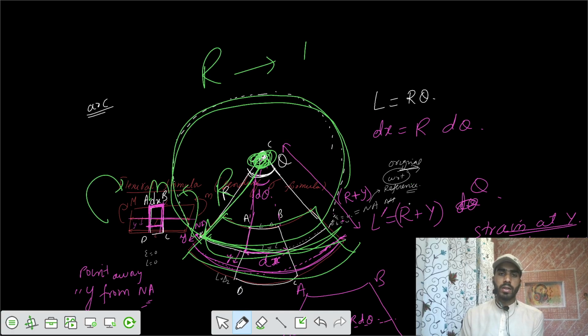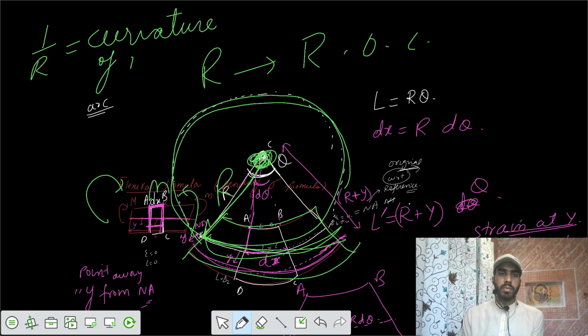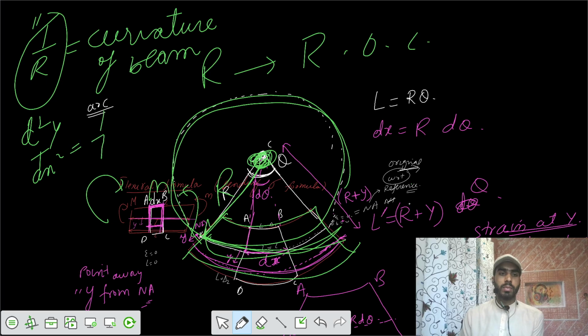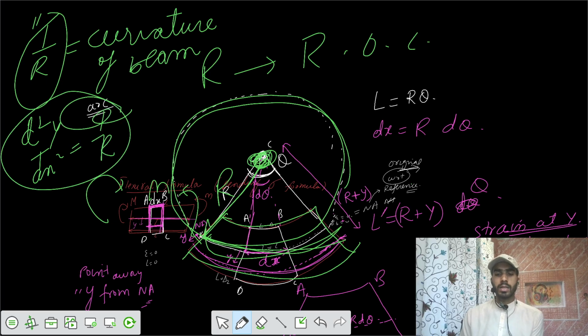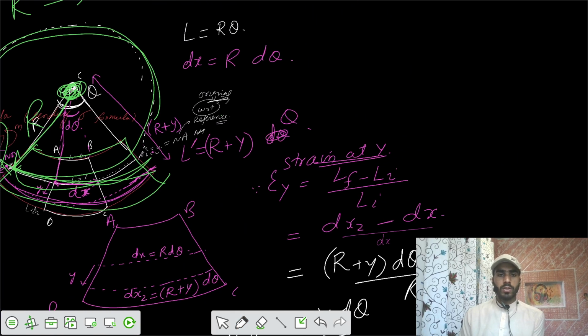That radius r is the radius of curvature, and in design we say 1 by r is the curvature of the beam. In design we use 1 by r also. We have studied in deflection that d2y by dx2 equals 1 by r. So we got this one also.